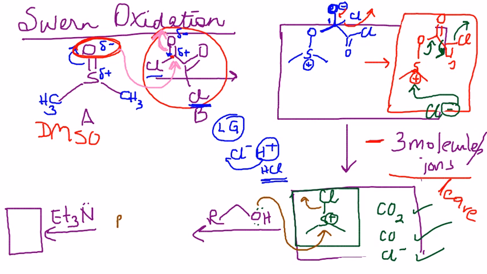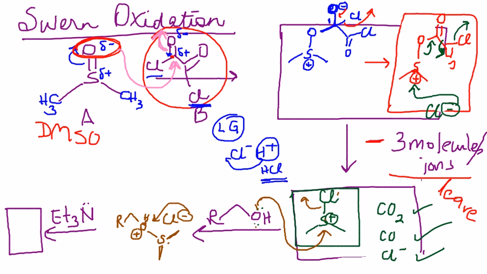When that happens, you will get a new species that will look like R. Oxygen is my source of electrons, and it's forming 3 bonds right now, so that will give it a positive charge. Bond is going to go on sulfur, and now in the process, the Cl that was lost is going to pick up that hydrogen.